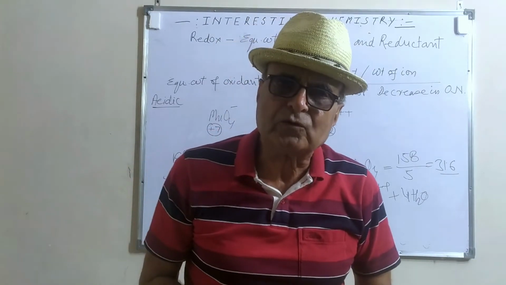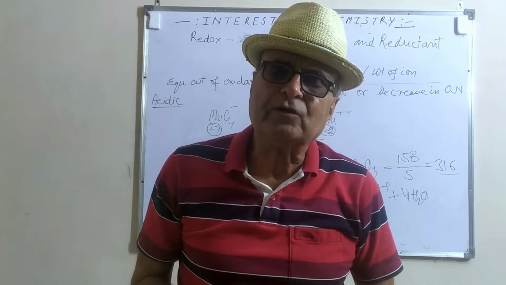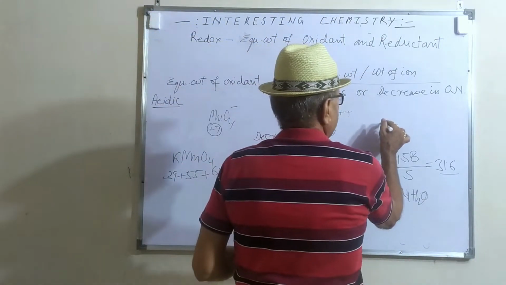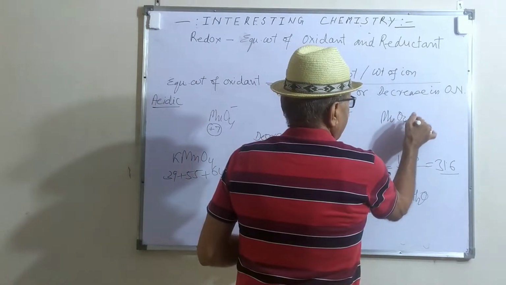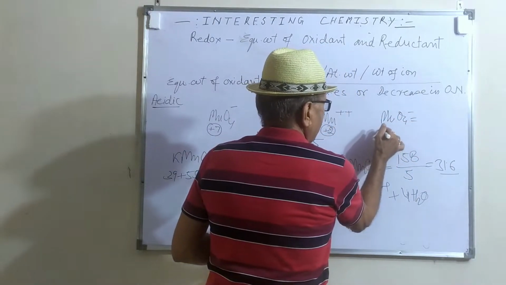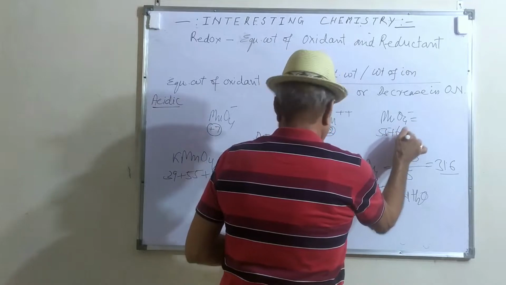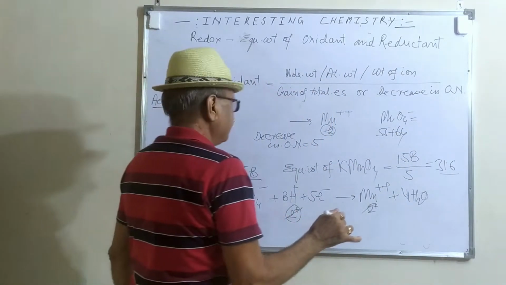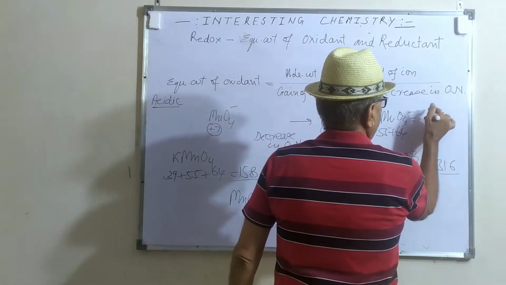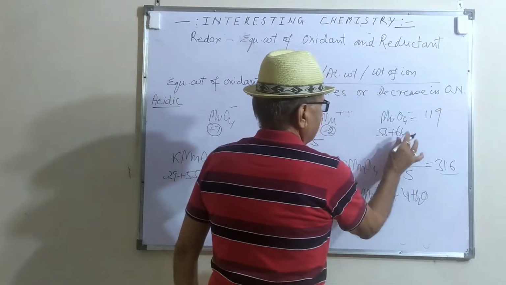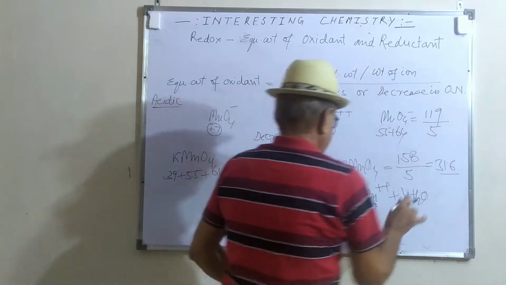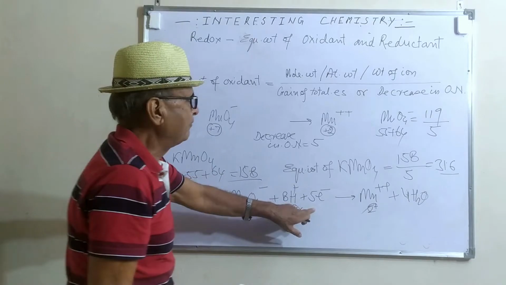If you want to calculate the equivalent weight of the ion MnO4 negative, the weight is Mn 55 plus 64, that is 119, and divide by 5.